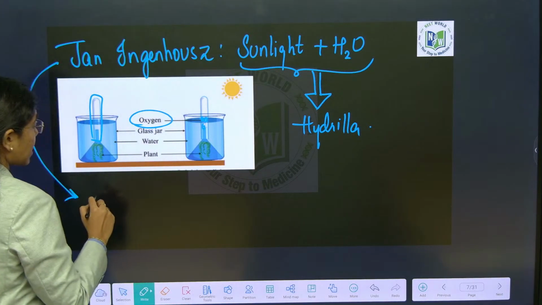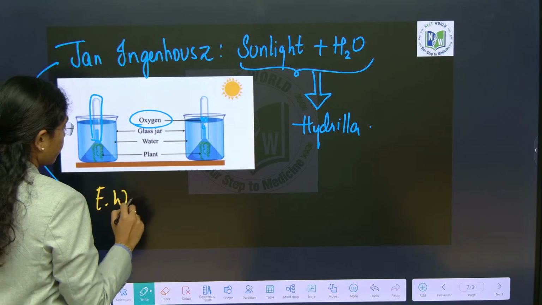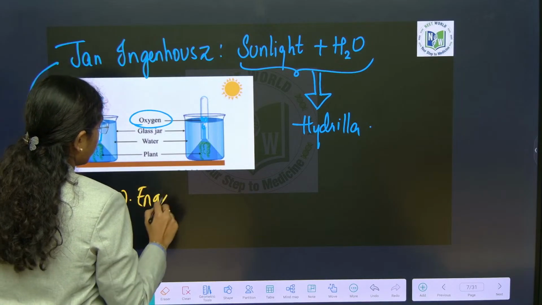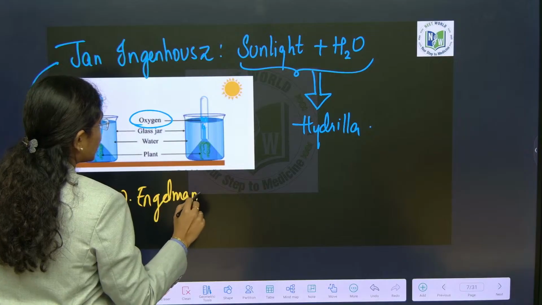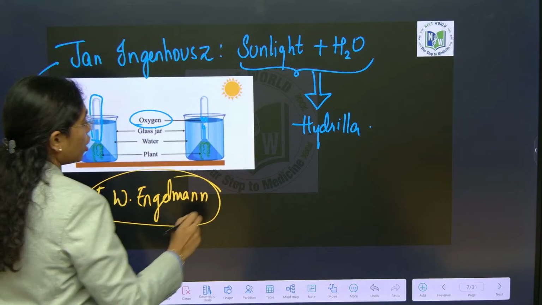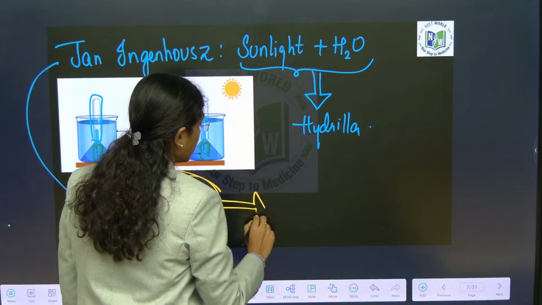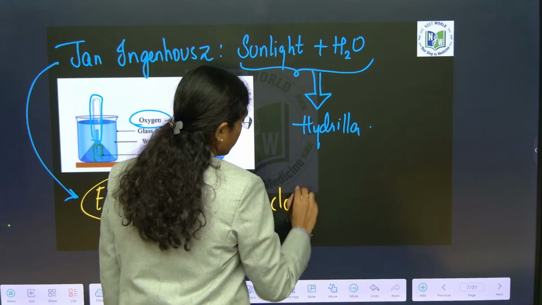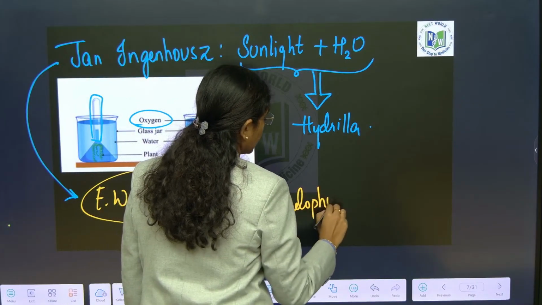So it is the scientist E.W. Engelmann who did an elegant experiment using the model organism Cladophora, a filamentous green alga.